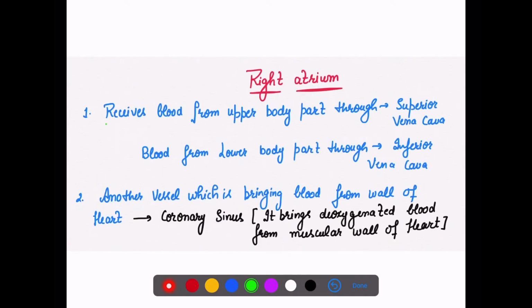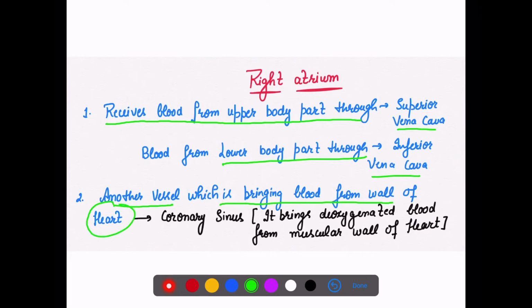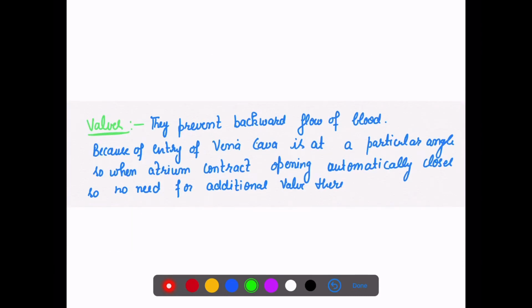The right atrium receives blood from the upper body part through the superior vena cava, and from the lower body part through the inferior vena cava. Another vessel which is bringing blood from the wall of the heart is known as coronary sinus. It brings deoxygenated blood from the muscular wall of the heart. Now valves, what is the function of valves? They prevent backward flow of blood.